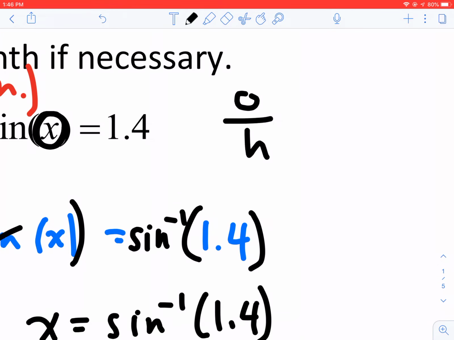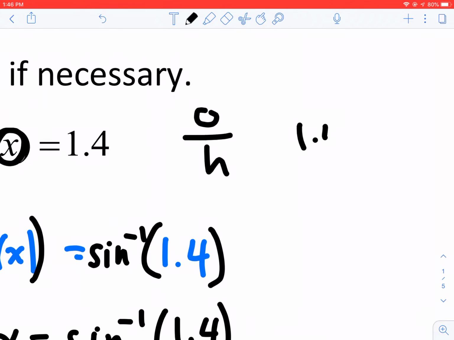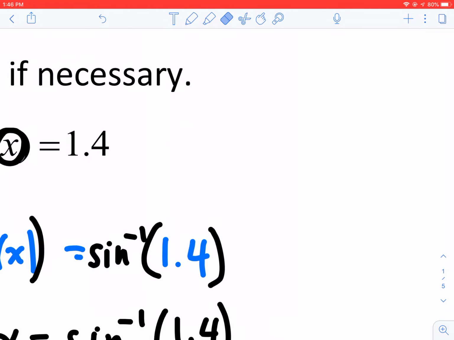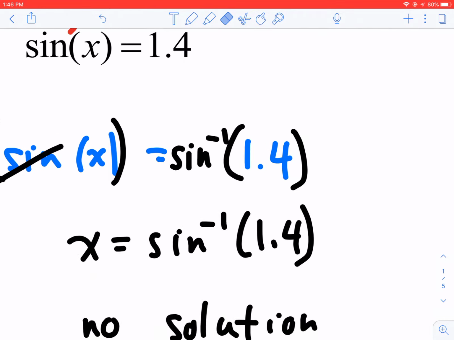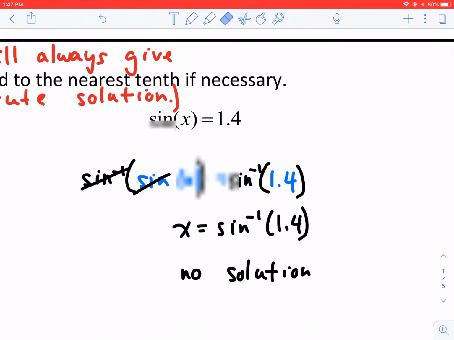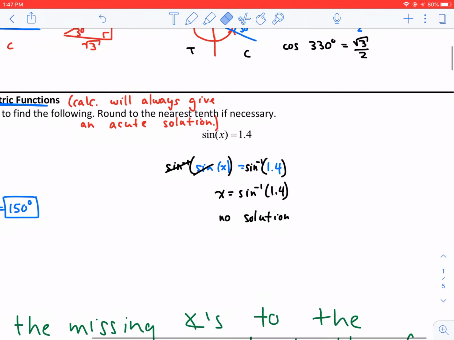Well, opposite over hypotenuse, that ratio, can never be 1.4 to 1. Because that would be saying that the opposite is bigger than the hypotenuse, which doesn't make sense. So we can only be taking the inverse sine of a number that's less than 1. The ratio has to be less than 1.